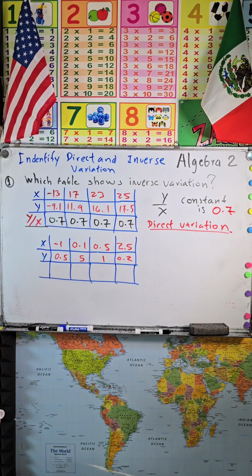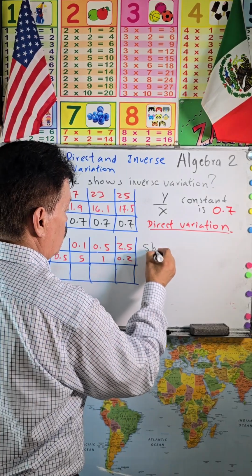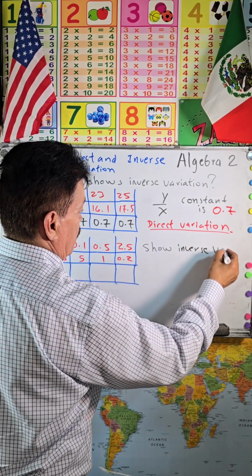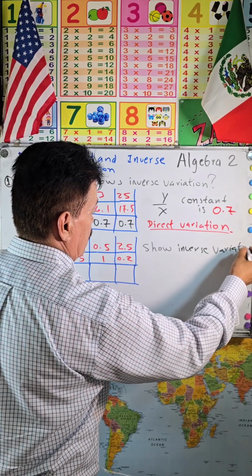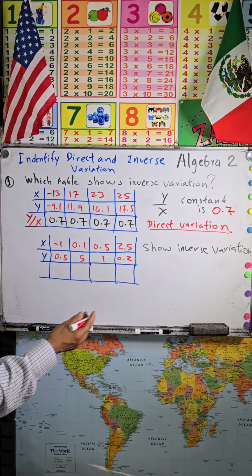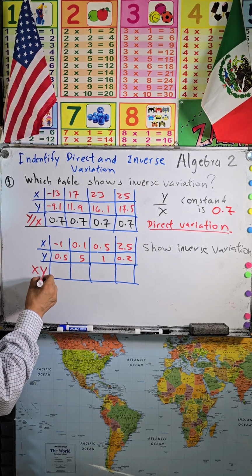The second table shows the inverse variation. Why? I will show how to write the inverse variation. Remember the formula that I gave to you. Let's write x and y.